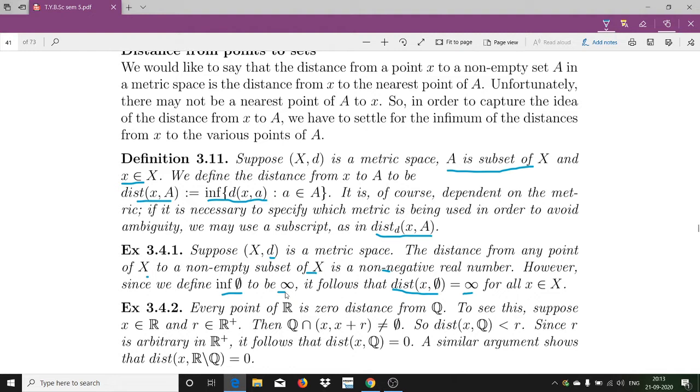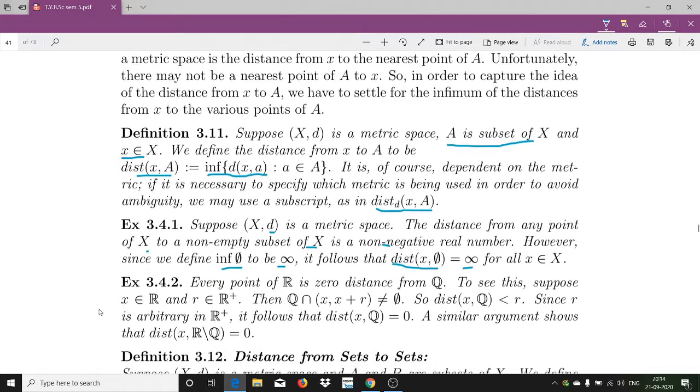Similarly, the supremum of the empty set is accepted to be minus infinity, because supremum is the least upper bound, and since the empty set does not have any element, every real number is an upper bound of the empty set, and hence the least among them you can accept as minus infinity. So the supremum of the empty set is minus infinity, and the infimum of the empty set is plus infinity. So the distance between x and the empty set is infinity.